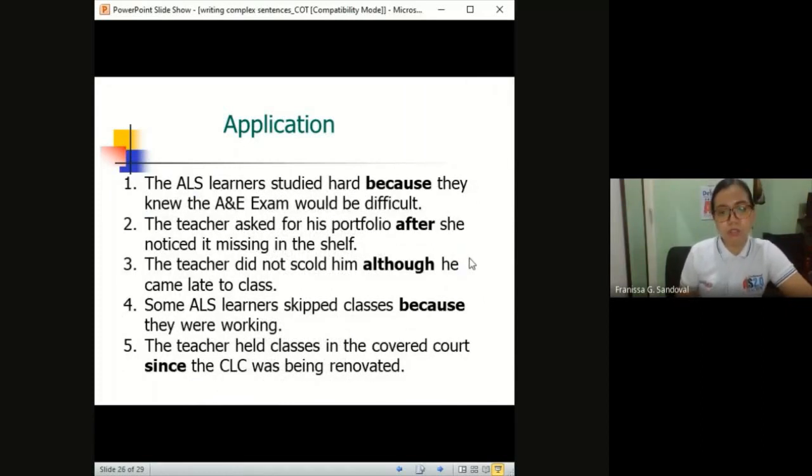Okay, so for the answers, I hope you got the correct answers. Let's check your work. 1. The ALS learners studied hard because they knew the A&E exam would be difficult. 2. The teacher asked for his portfolio after she noticed it missing in the shelf. 3. The teacher did not scold him although he came late to class. 4.